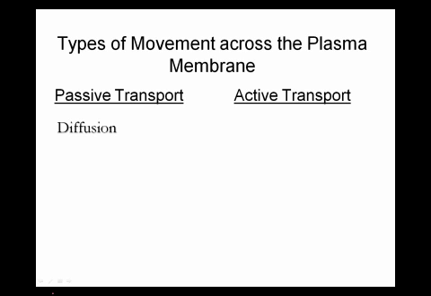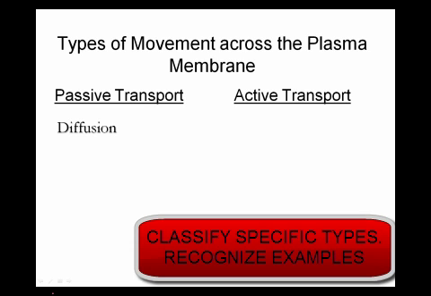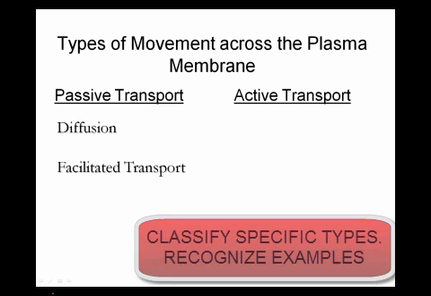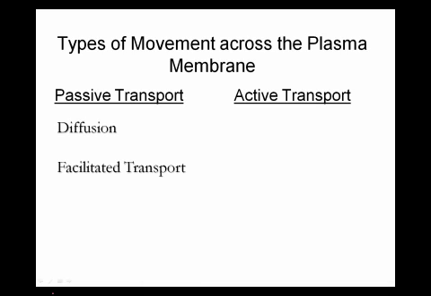We're going to look at several types of passive transport, these that do not require cellular energy. The first one is diffusion, and then facilitated transport. And thirdly, osmosis. And then we'll look at some active transport pumps, and then we'll end with some vesicular transport.